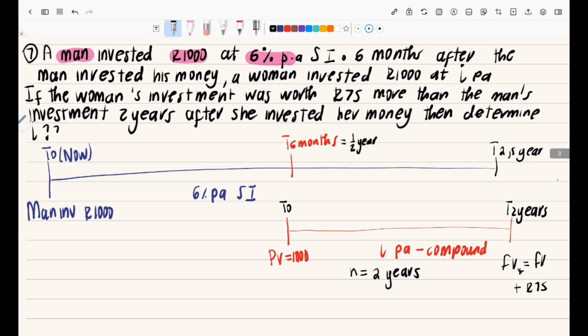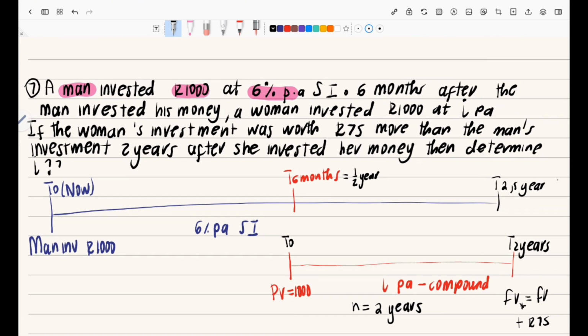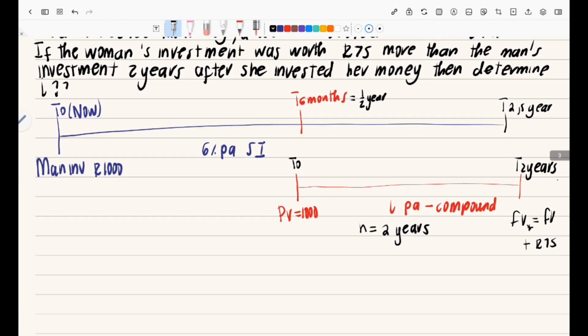And then they are saying after she invested her money, that's my I. So I'm trying to find what this I is. So if we just had to calculate what the man's investment is going to be worth, I will say, okay, the man's investment at first, at time period 6 months, future value is equal to present value times 1 plus I times N, because it's simple interest, right?